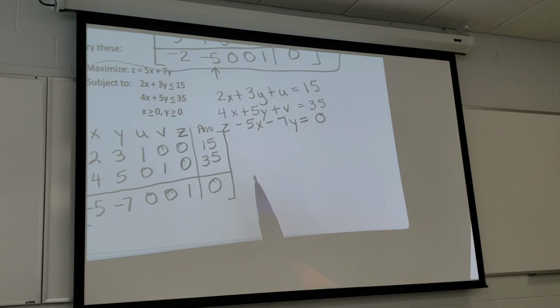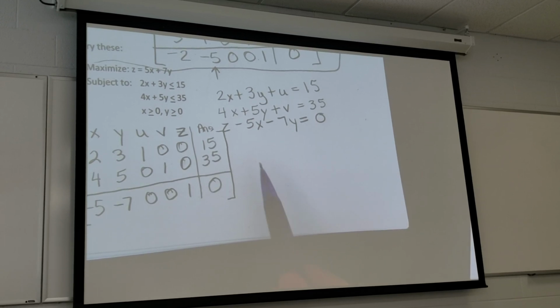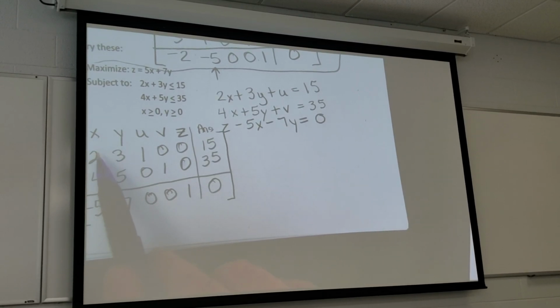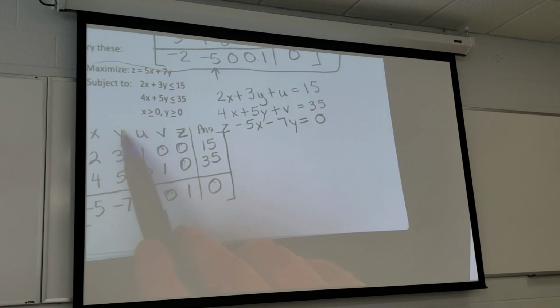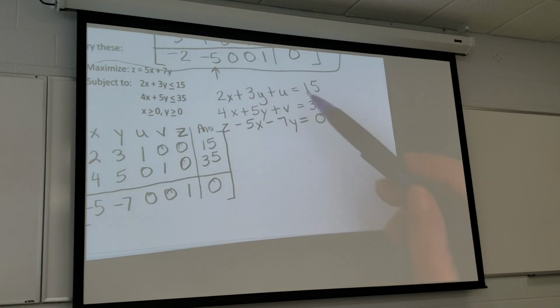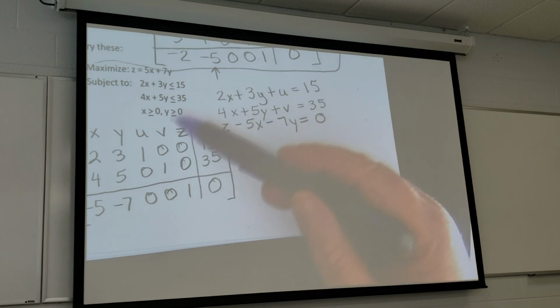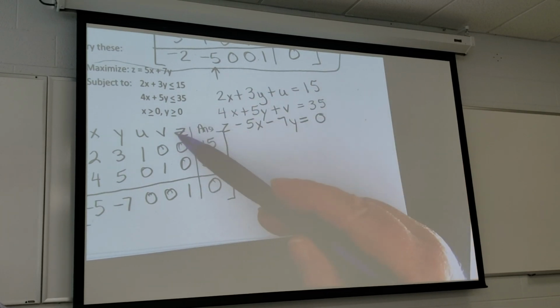Now, even though the 5 and the 7 are not lined up with the x's in the equations, this is my x column, so everything in here had to have an x variable. My y column, everything in here had to have a y variable. My u is because this has my u in it, this has my v in it, and my z.